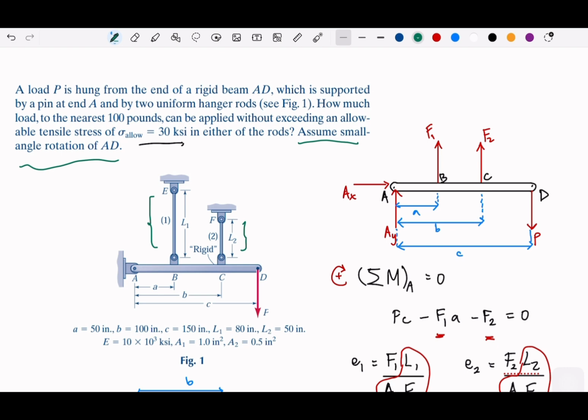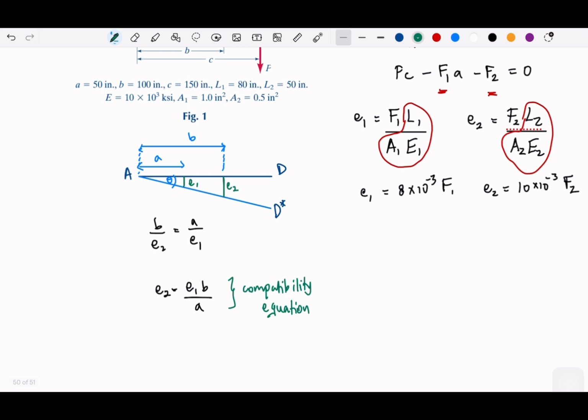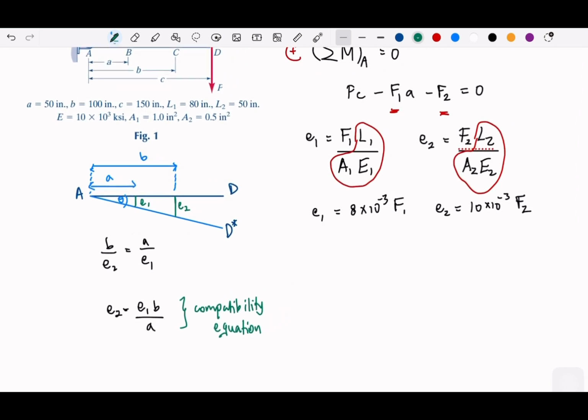Then we could solve this, because we can substitute the E1 or E2, right? So we can solve this, and we can solve this F1. Let me write F1, 8.